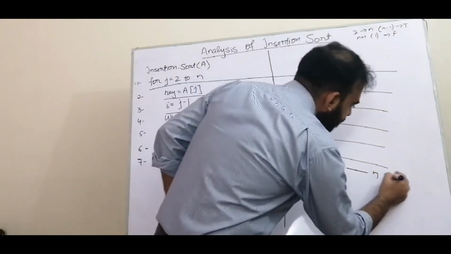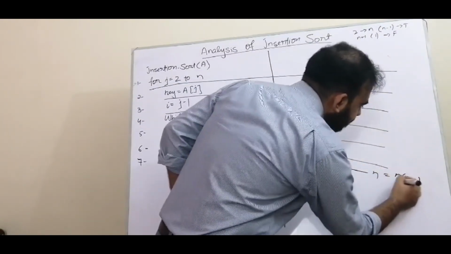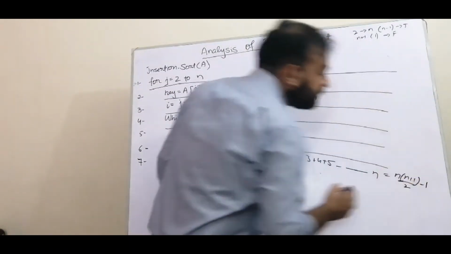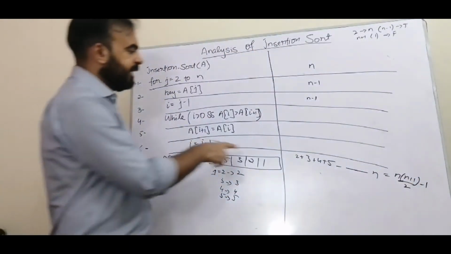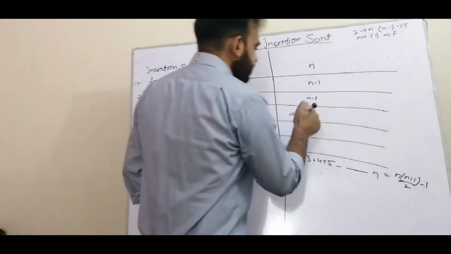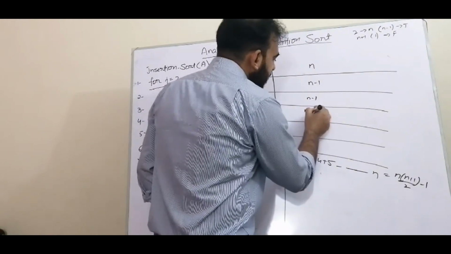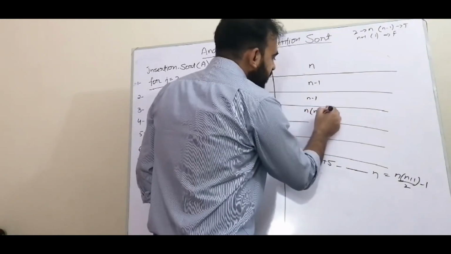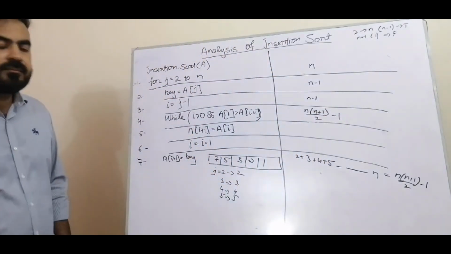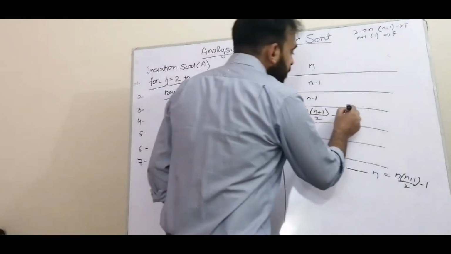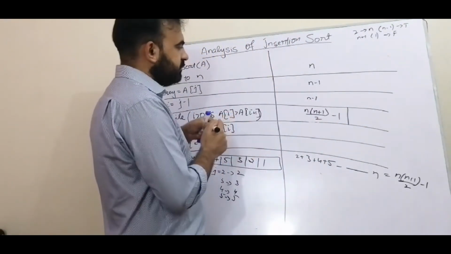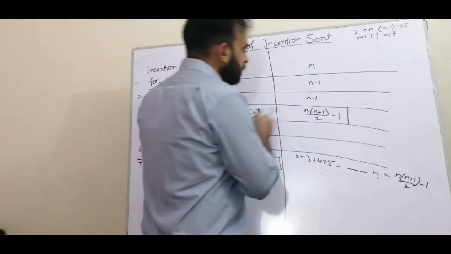So it will be equal to n into n plus 1 divided by 2 minus 1. Why minus 1? Because we are not adding 1 here. So in worst case, this instruction will be executed n into n plus 1 divided by 2 minus 1 times. So let's call it worst case.